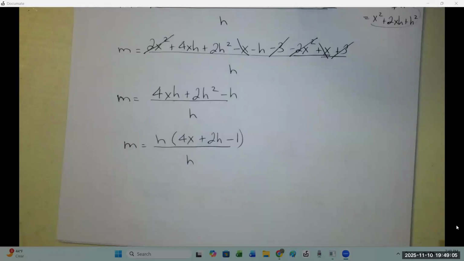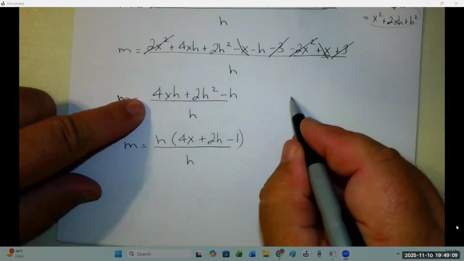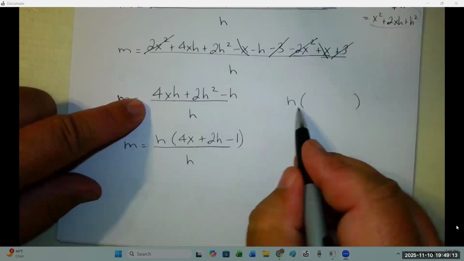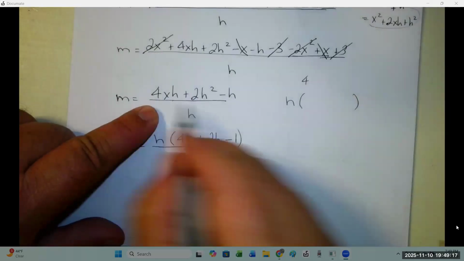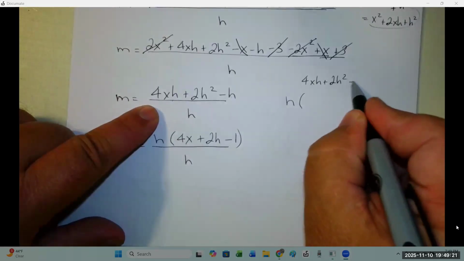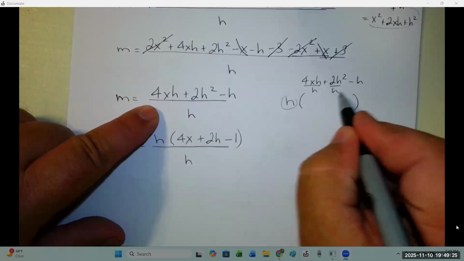Now, as a general review, because I factored out the h, to see what goes inside the parentheses, I take this numerator and divide each term by what I factored out.